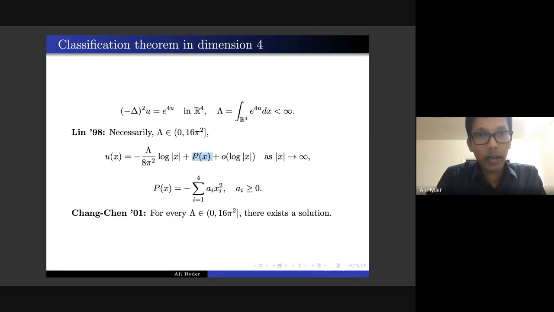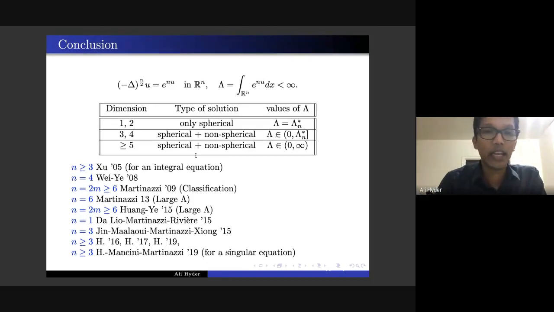Okay, so now from dimension 4 to the general case, you can think of R^n for any n. If n is odd, then there will be a fractional Laplacian, and if n is even, then this is just a polylaplacian, and always the integral is finite. So let me just mention briefly the results without giving any details.